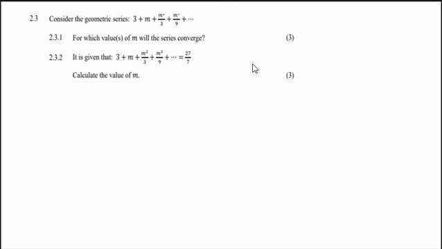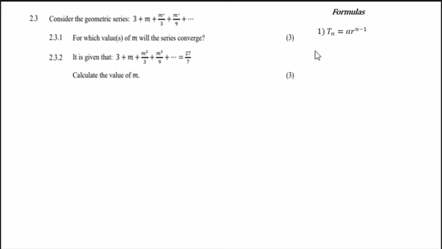The formulas that you have to consider whenever you are dealing with a geometric sequence or a geometric series are these. Number one, Tn is equal to ar to the power n minus 1. Tn represents the nth term. Sometimes they will call it a general formula, and sometimes Tn represents the last term.